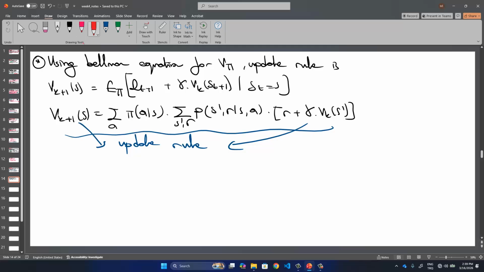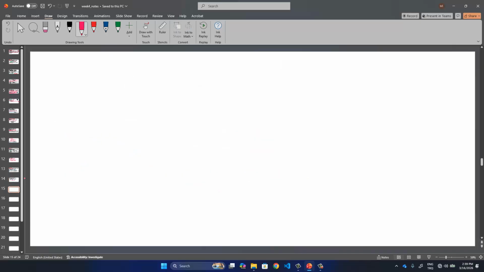This is called iterative policy evaluation. So, how can we write the pseudo code in here? Iterative policy evaluation.